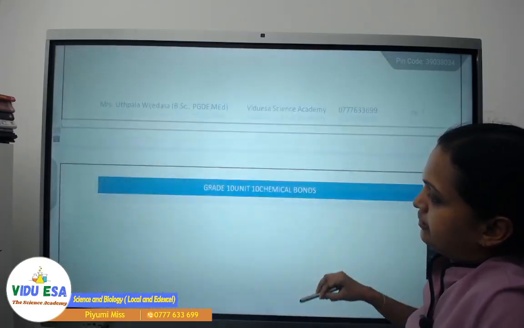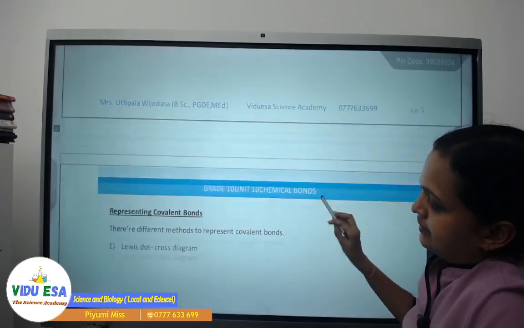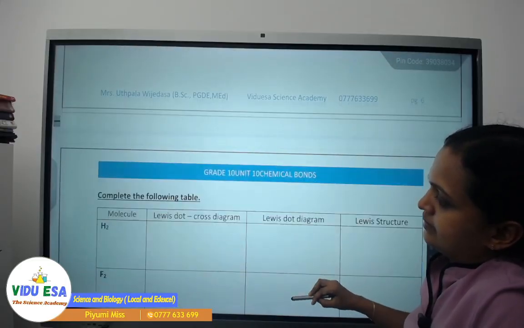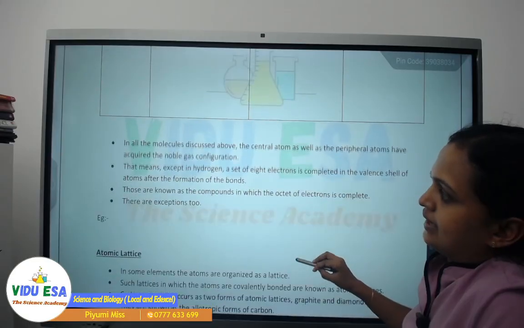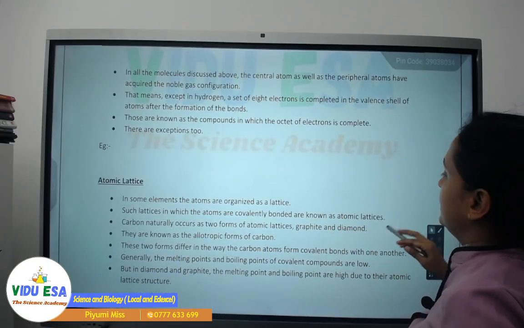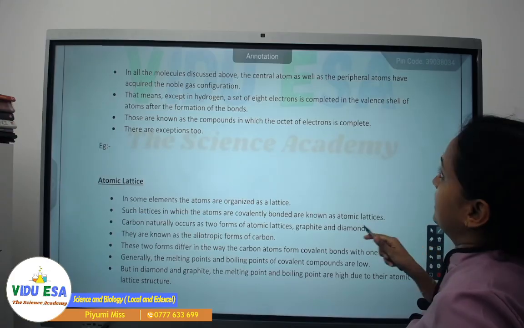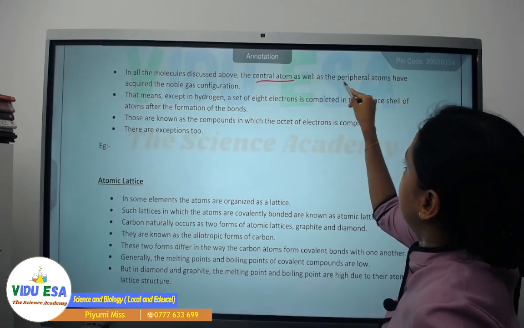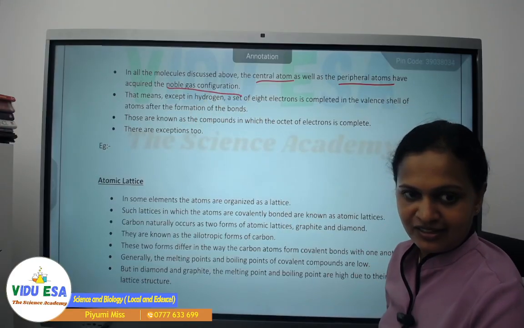Just after the table. In all the molecules discussed above, the central atom as well as the peripheral atoms have acquired noble gas configuration, right?